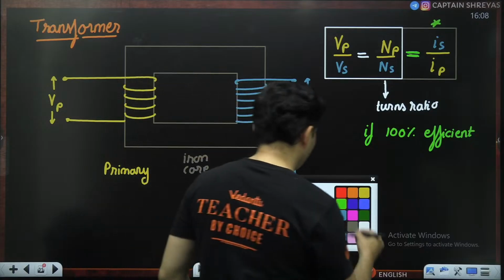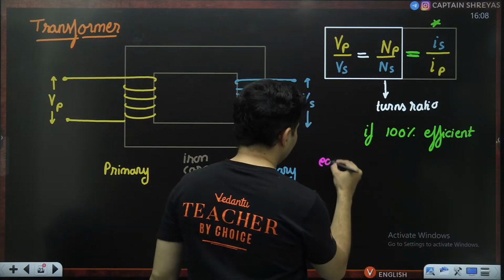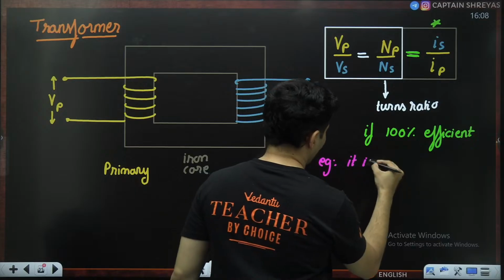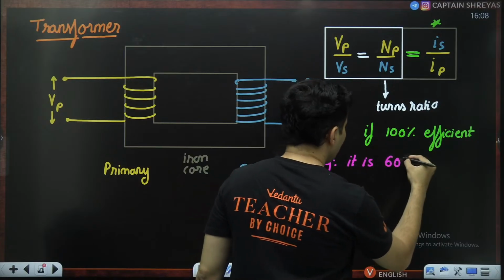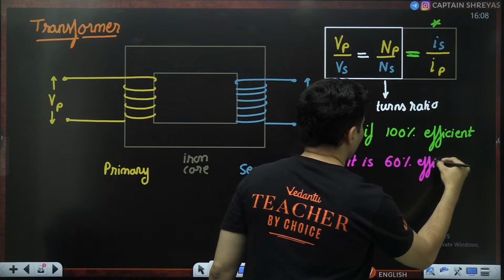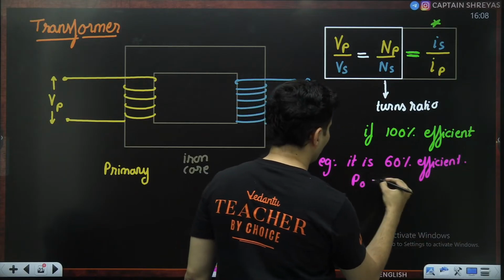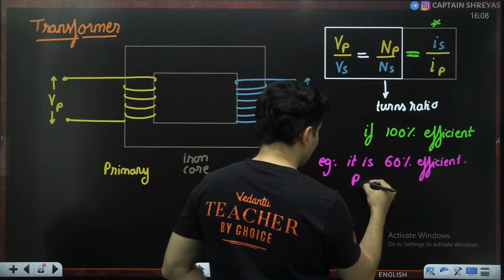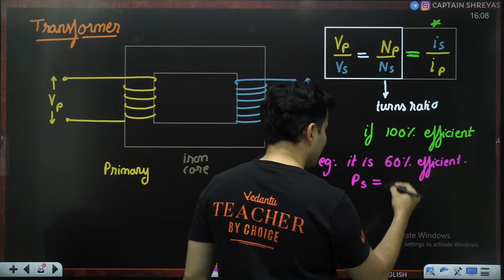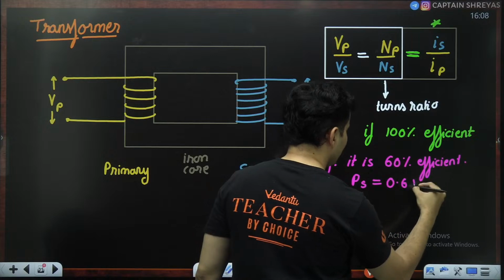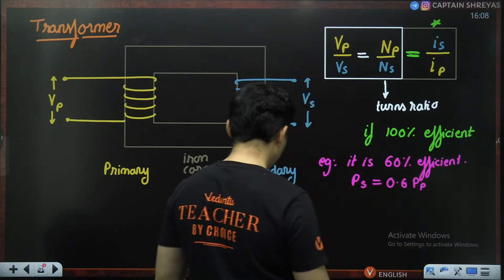Say, for example, it is 60% efficient. That means the power on the output, or the power on the secondary side, is 0.6 times the power on the primary side. Is that clear?